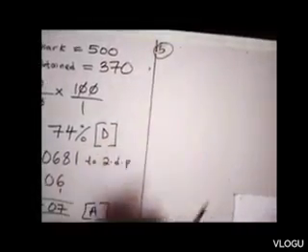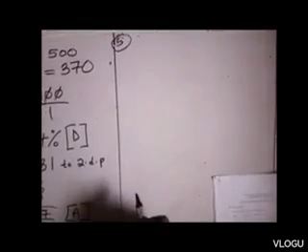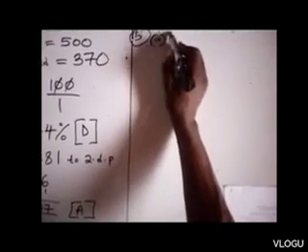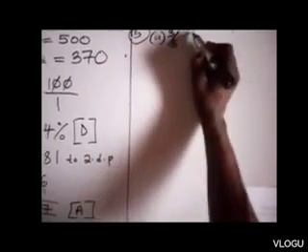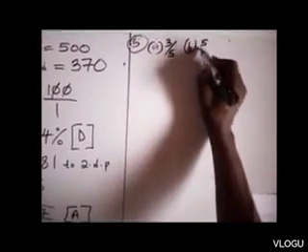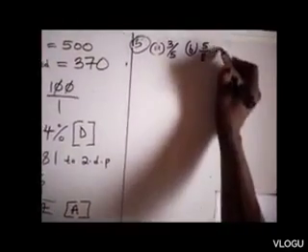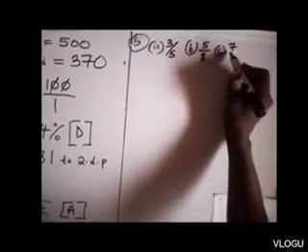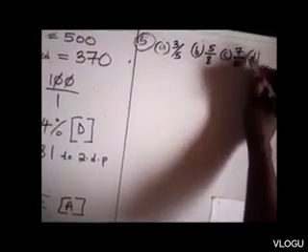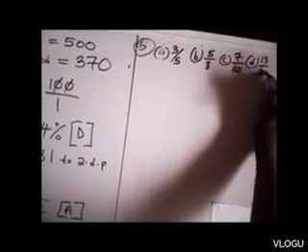We have the following sets of fractions. Option A is 3 over 5. Option B is 5 out of 8. Option C, 7 out of 10. Option D, 13 out of 20.